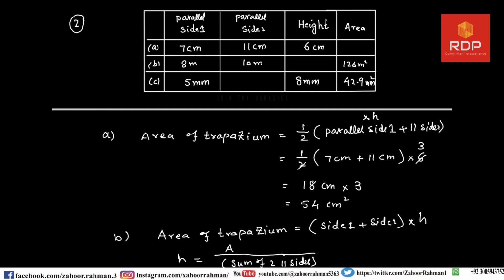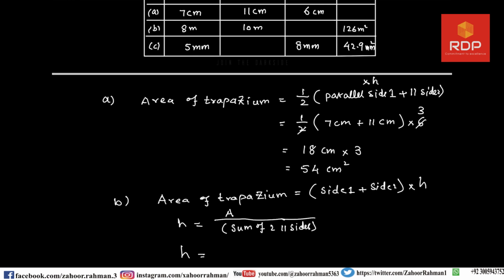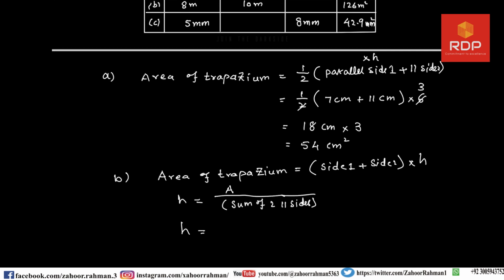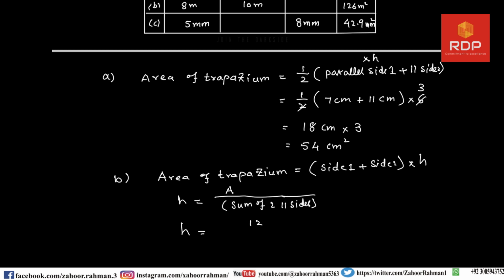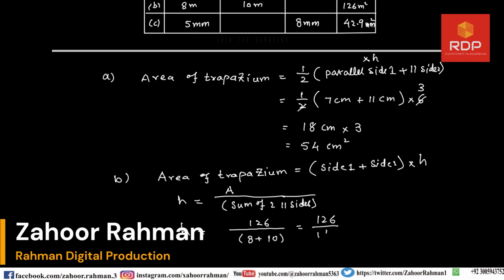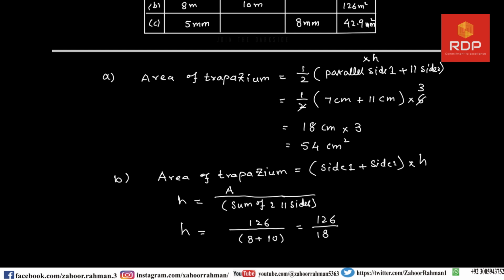In this case you can see that area is given to us as 126, and there are two sides which are 8 plus 10. We will get 126 divided by 18, and when we divide and do the necessary calculation, there will be 1 over 2 as well.